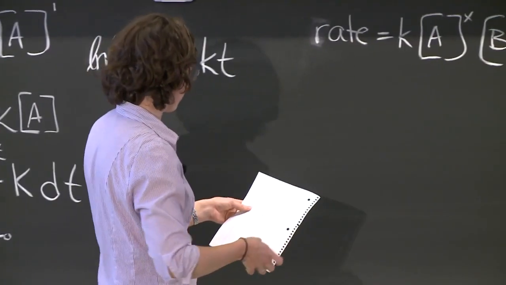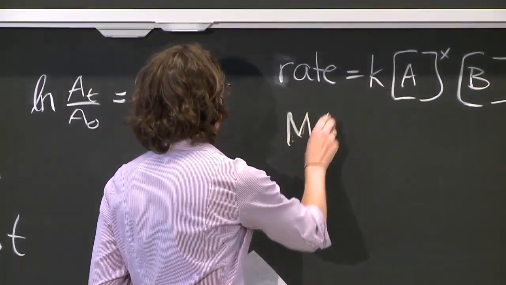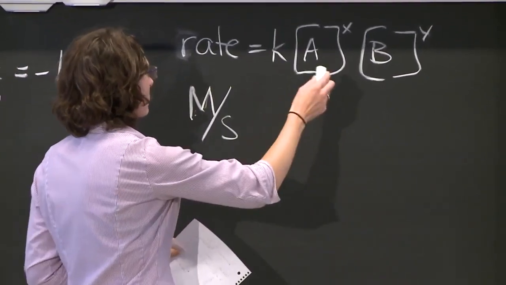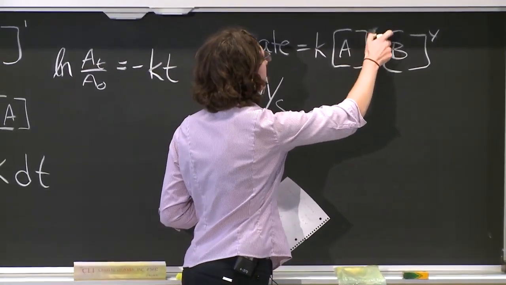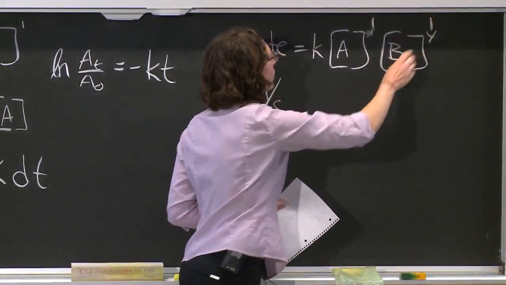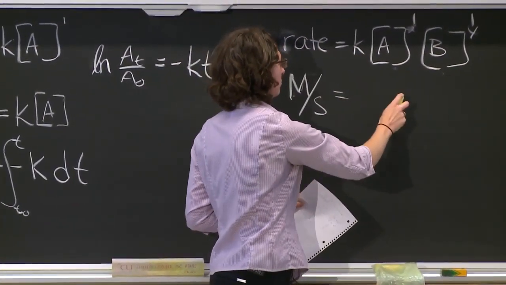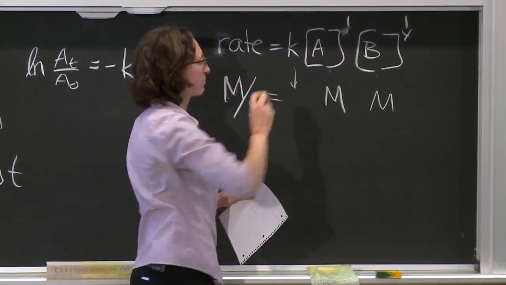if your rate, if we want this in molarity per second, if your rate equals, let's say these are both equal to 1, just for now, then what are our units over here? M and M. So what do the units of K have to be?